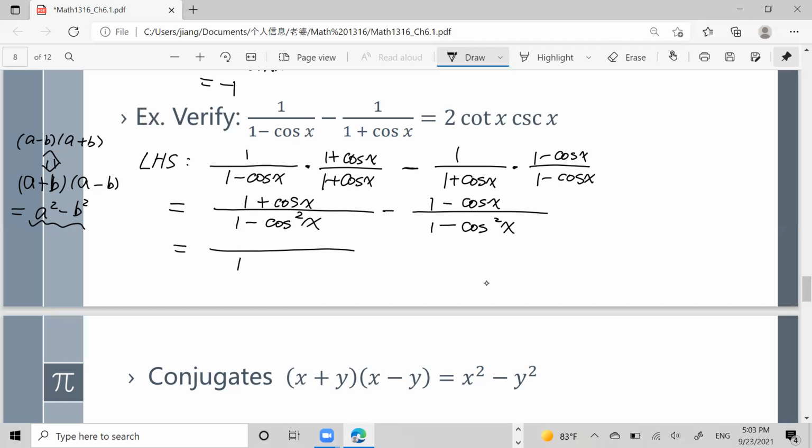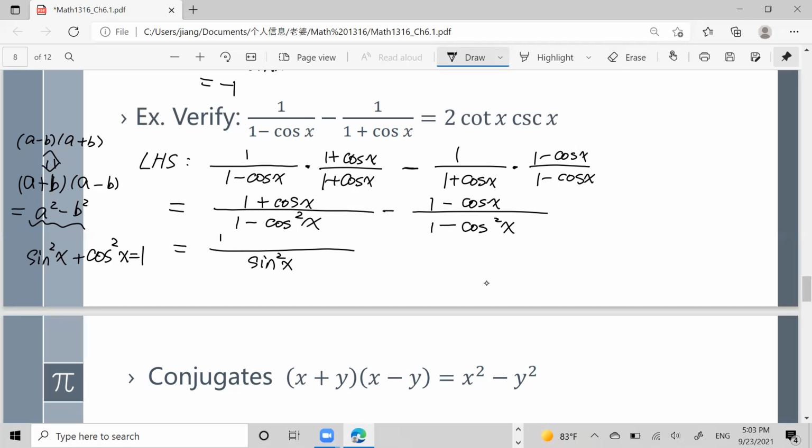Actually, do you still remember sine x squared plus cosine x squared equals 1? That means 1 minus cosine x squared equals sine x squared. So the bottom one, I can just simplify it: 1 minus cosine x squared equals sine x squared.